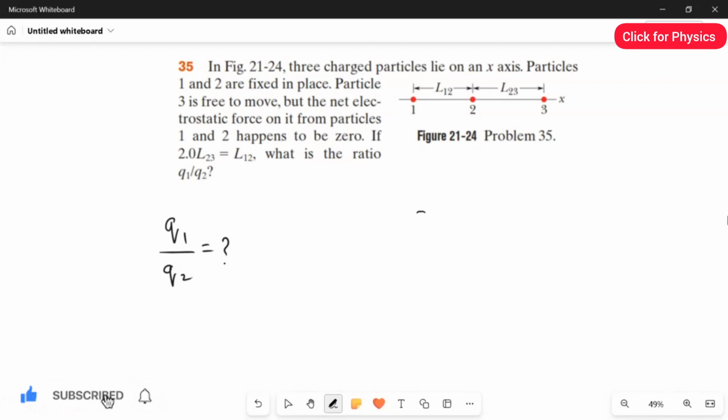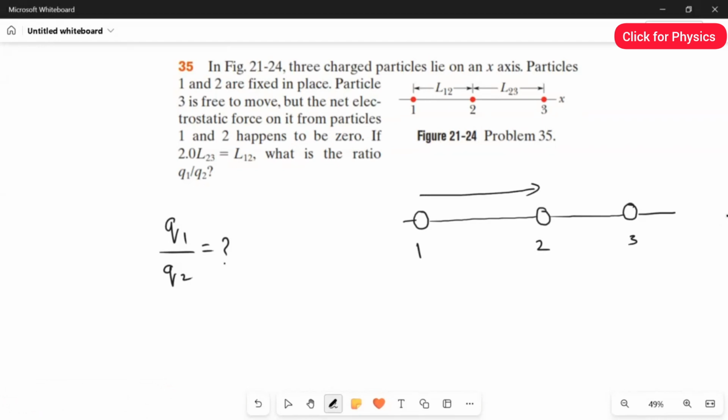For example, you can see here we have three charges, right? Particle 1, particle 2 and particle 3, and these three charges are on the same x-axis. So this is the first particle, second particle, third particle. They said the distance between 1 and 2 is L12 and the distance between 2 and 3 is L23.